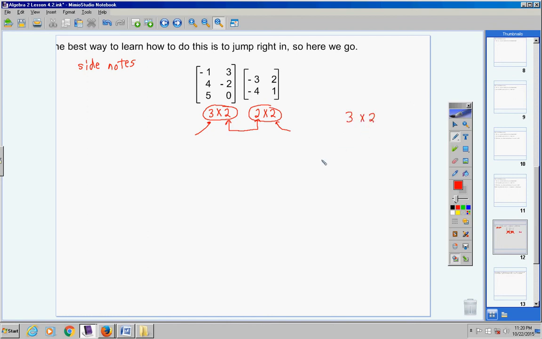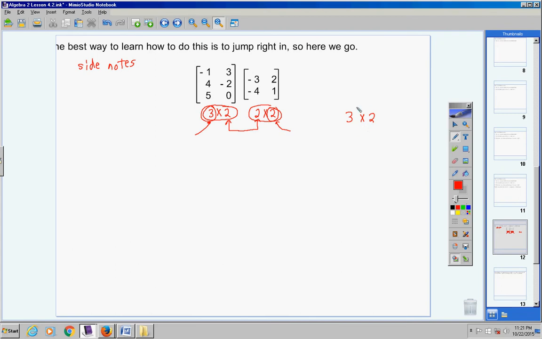Okay, so far I have not done anything that is blowing up your brain or anything. It's pretty simple. You write the order. If the inside numbers match, you're good. If they don't, you put no solution.